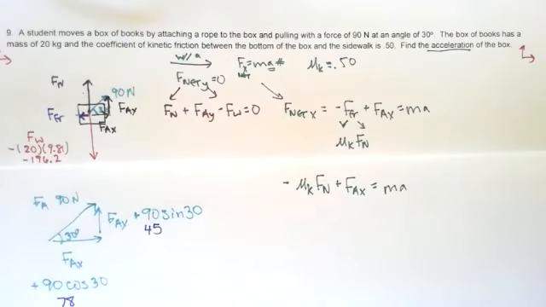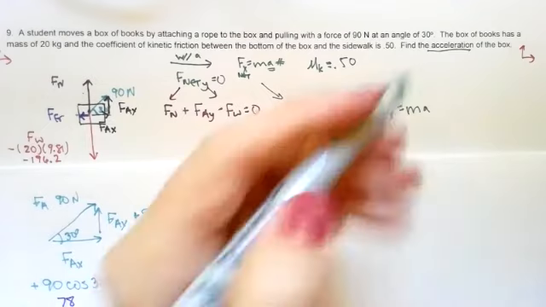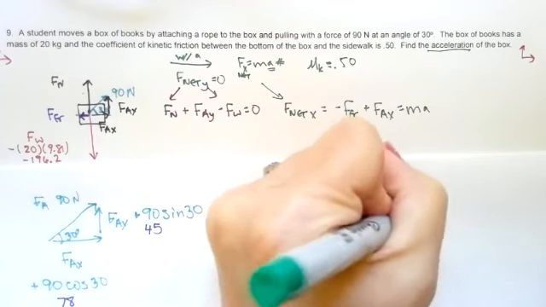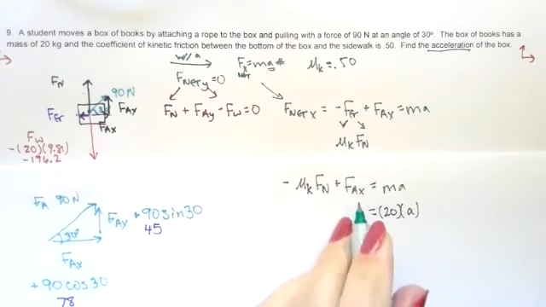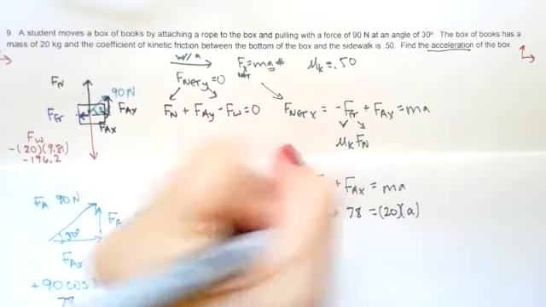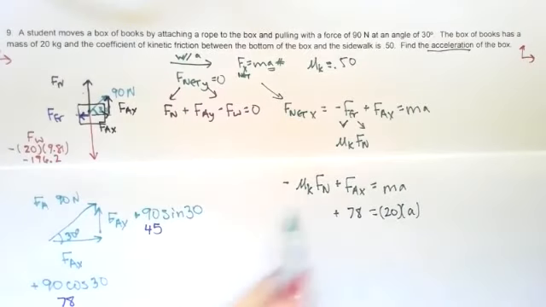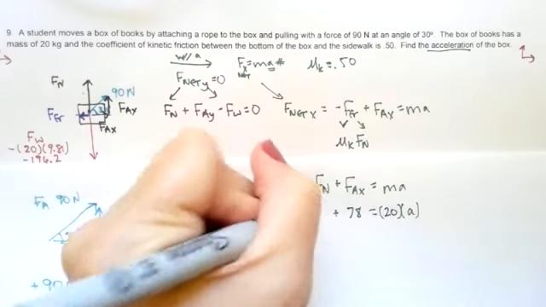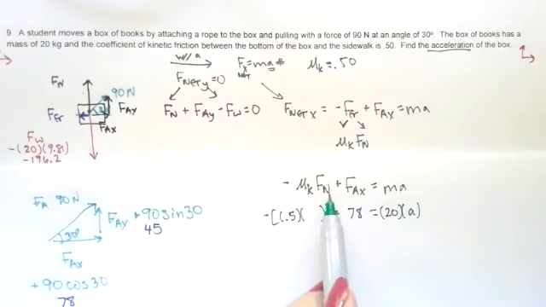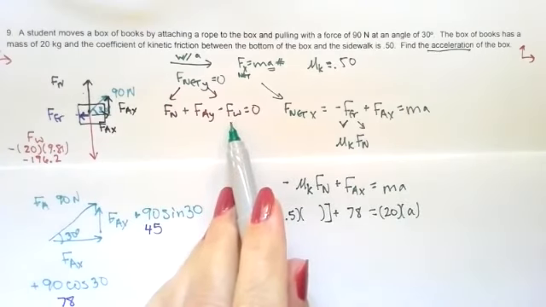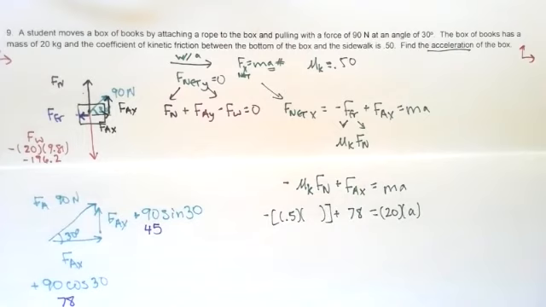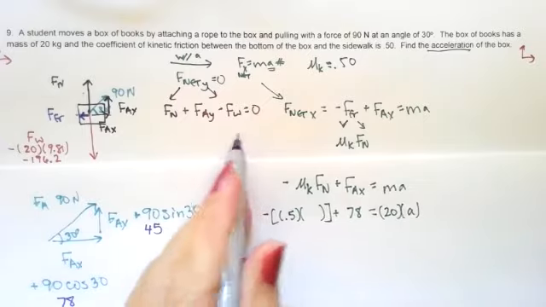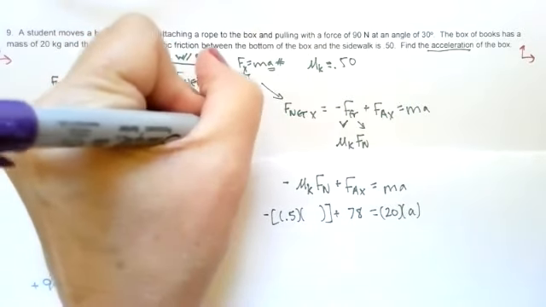Okay, so we said we were going to start pulling variables out. I'm solving for acceleration. My mass is 20. FAX is 78. Mu sub k is, so this whole term is negative 0.5. So I still need my normal force. Well, can I find that? I can, because I have this and I have this. Remember, my net y was 0, so F sub w is negative 196.2.